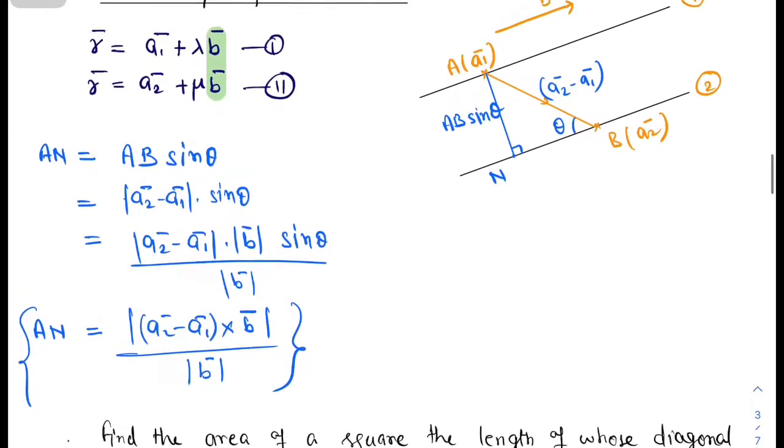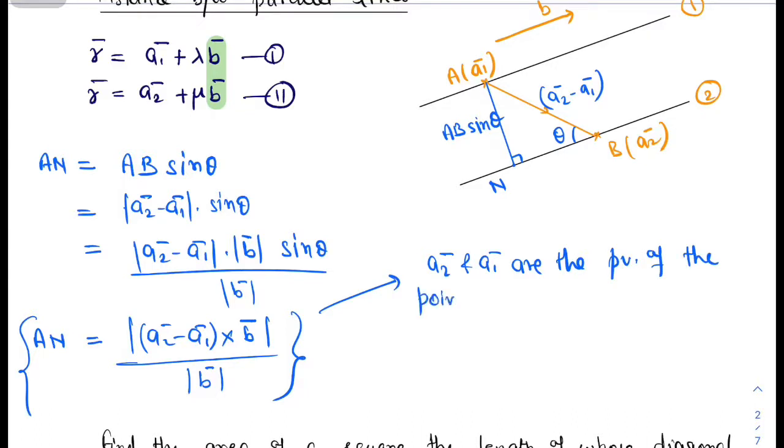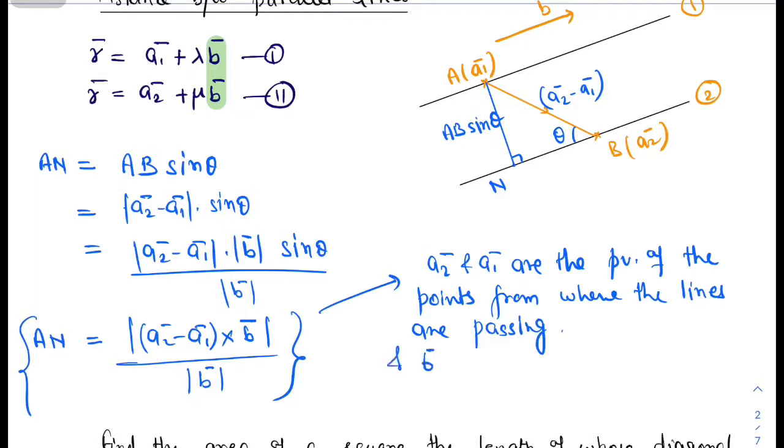What are A2 and A1? A2 vector and A1 vector are the position vectors of the points from where the lines are passing, and B is the parallel vector.